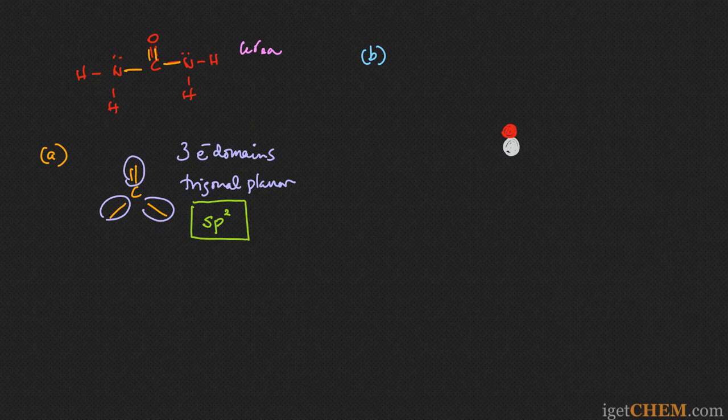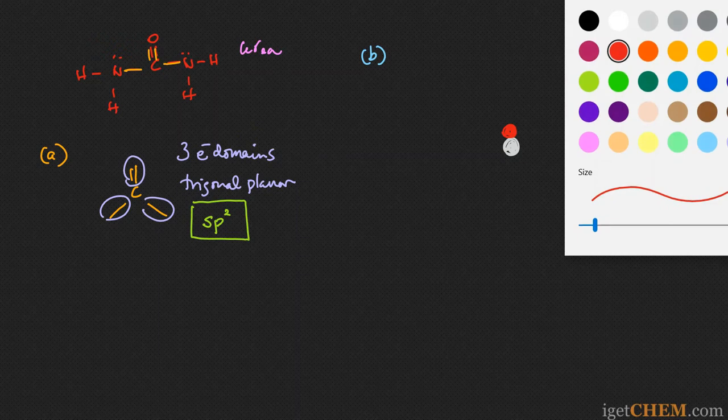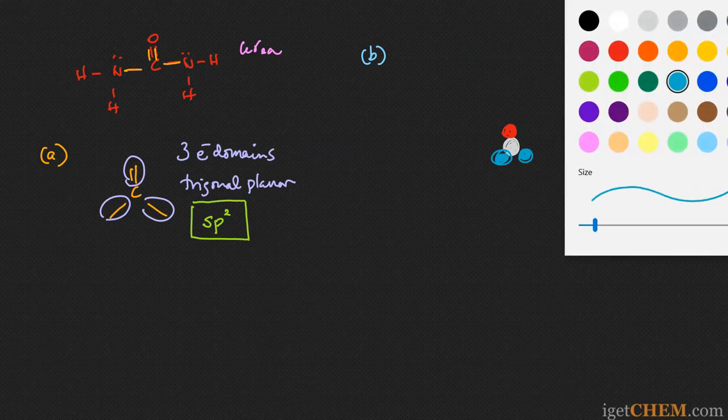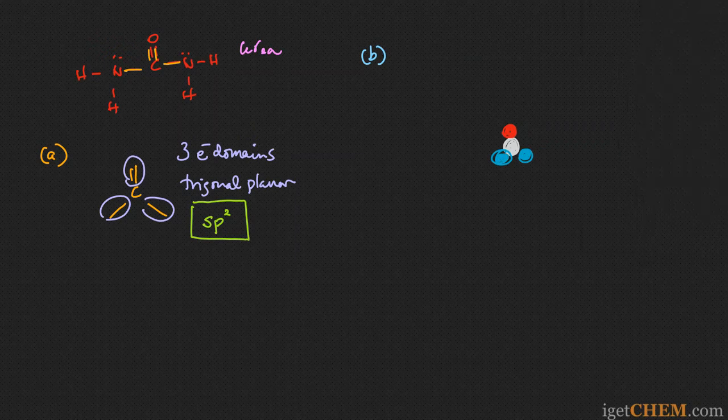In the question, this is an open circle, and there are 2 nitrogens bonded to the carbon. In the problem, these 2 nitrogen atoms have lines going through the circle. And finally, the 2 nitrogens are each bonded to a hydrogen atom. So this is the urea molecule.